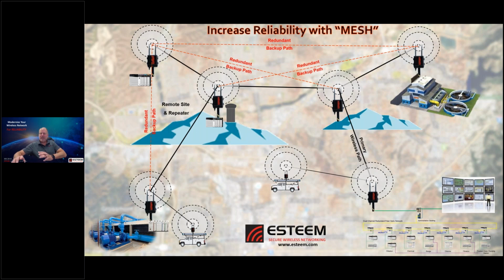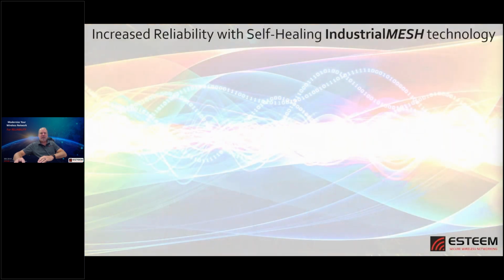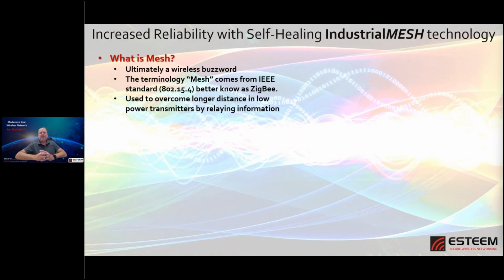And before we get into the nuts and bolts of exactly how that works, what I want to do is take a step back and say, okay, when we start talking about mesh, that can mean a lot of things. Like I said, it's become a very generic term. So where mesh came from is ultimately a buzzword, right?